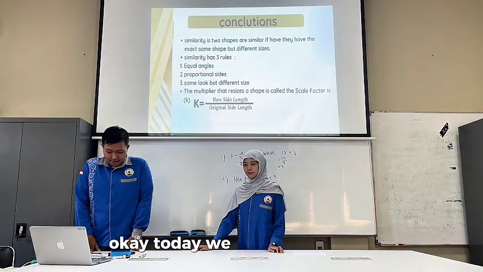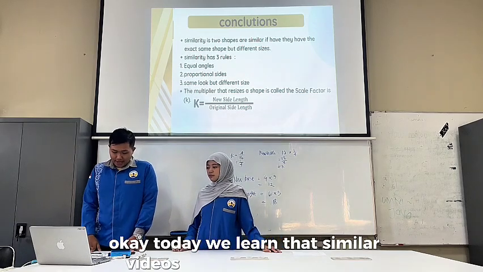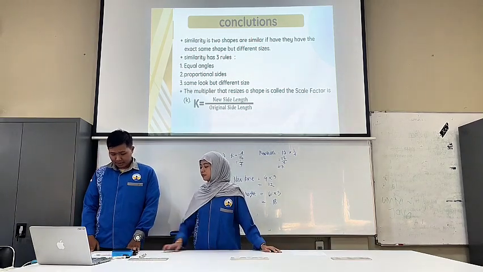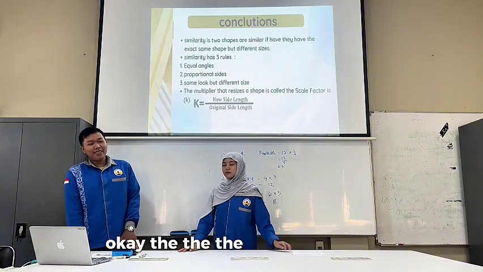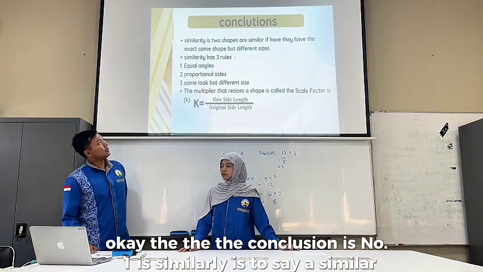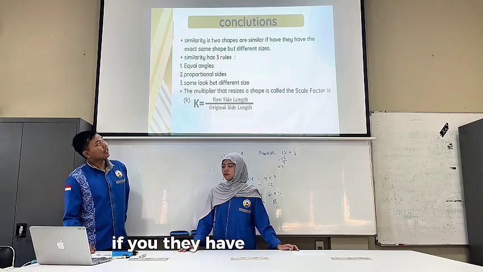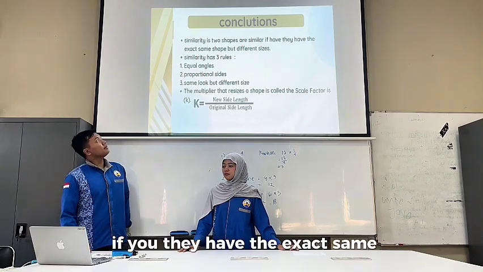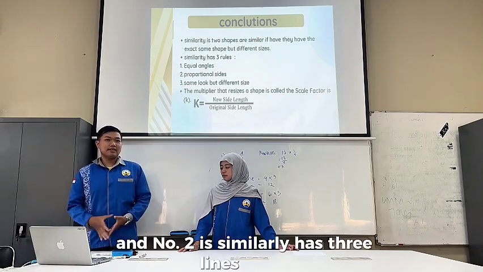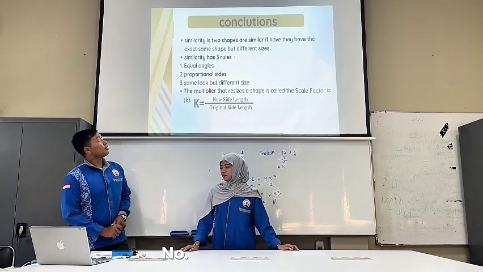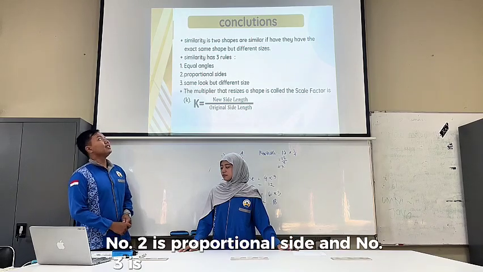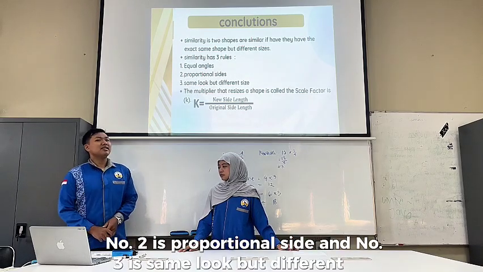Okay, today we learned that similar figures have the same shape but different size. The conclusion: number 1, shapes are similar if they have exactly the same shape but different size. Number 2, similarity has 3 rules: number 1 is equal angles, number 2 is proportional sides, and number 3 is the same look but different size.